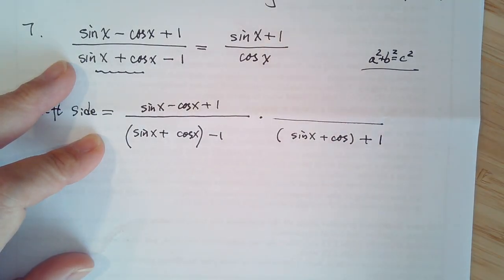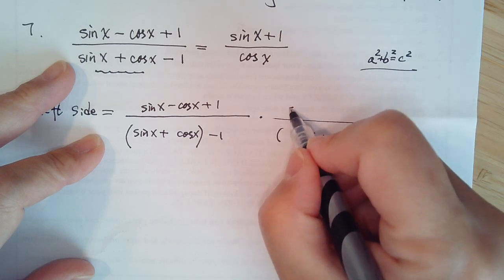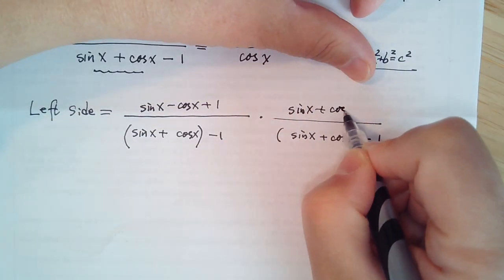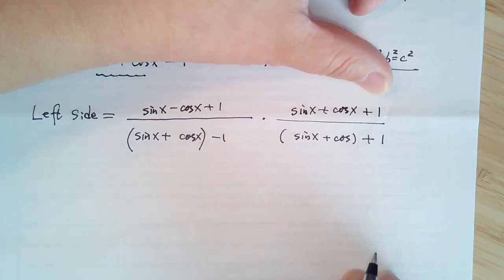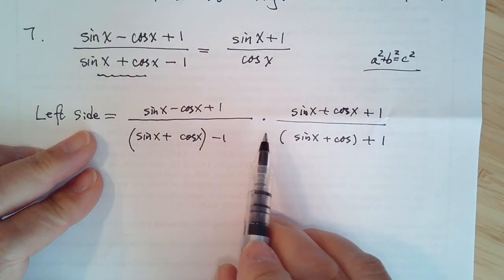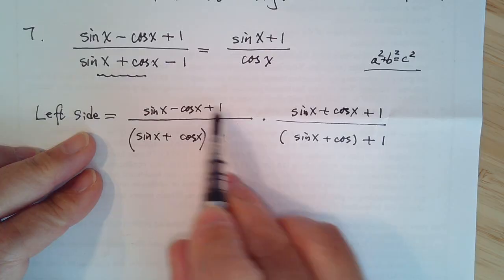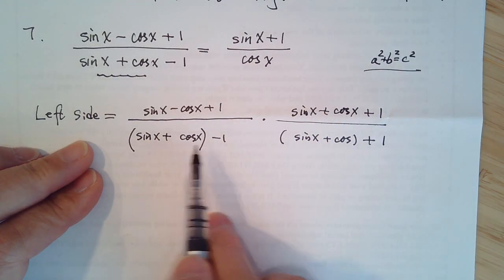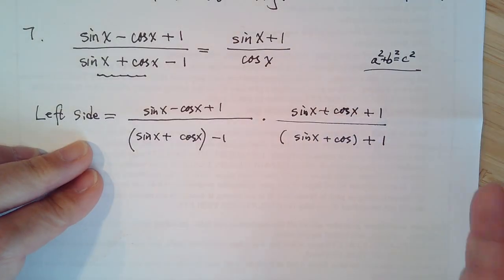The numerator, I also multiply by sine x plus cosine x plus 1. So you can see that I'm multiplying the left side by 1, and the value of that is 1.